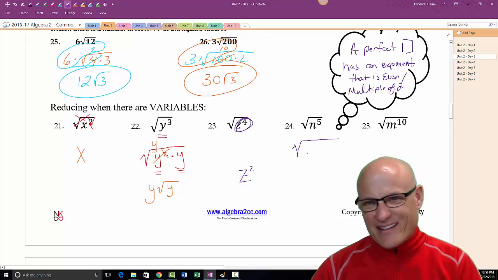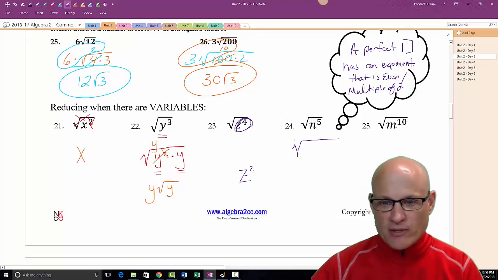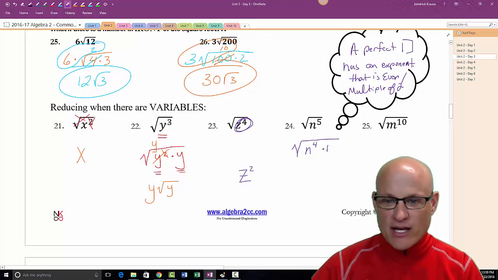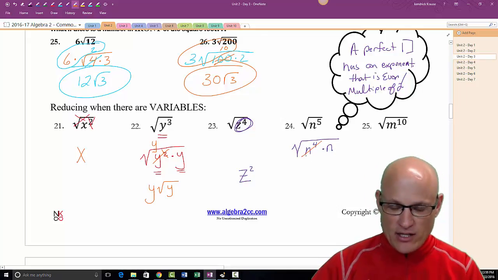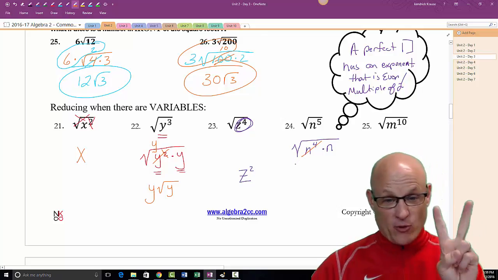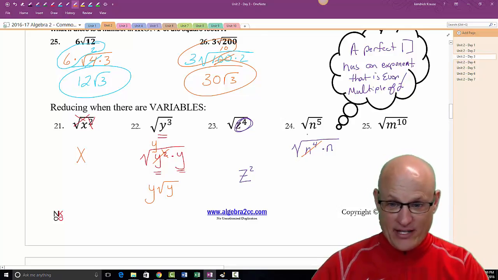So I just want to write this as an even exponent and then a 1. It'll always be that for square root. So n to the 4th times n. That makes n to the 5th. And I know that the square root of n to the 4th, there's 2 groups of 2 there. That's n squared. So this just becomes n squared square roots of n.